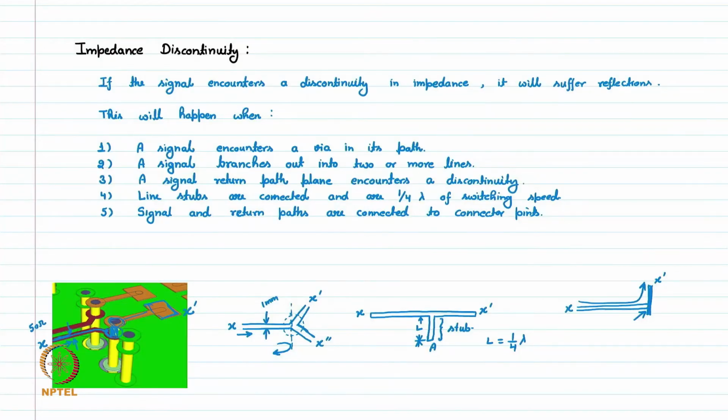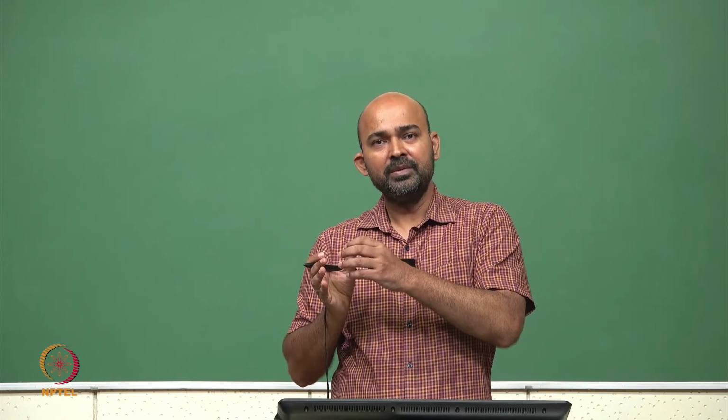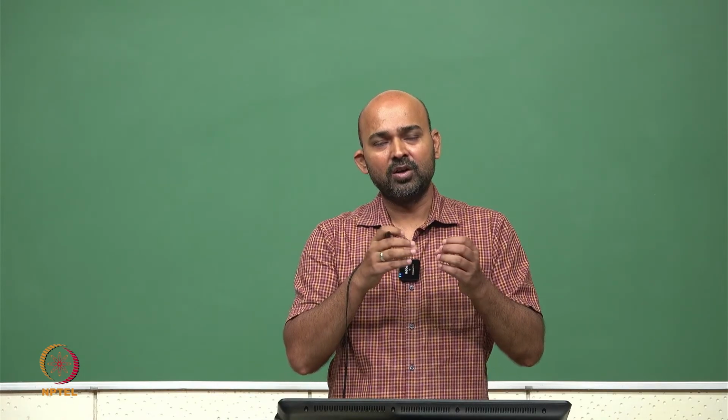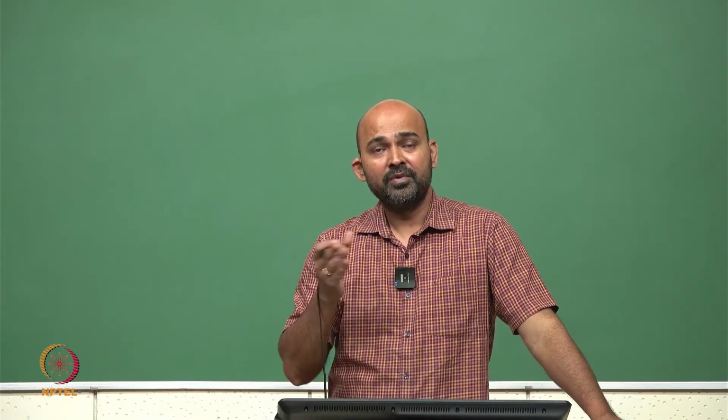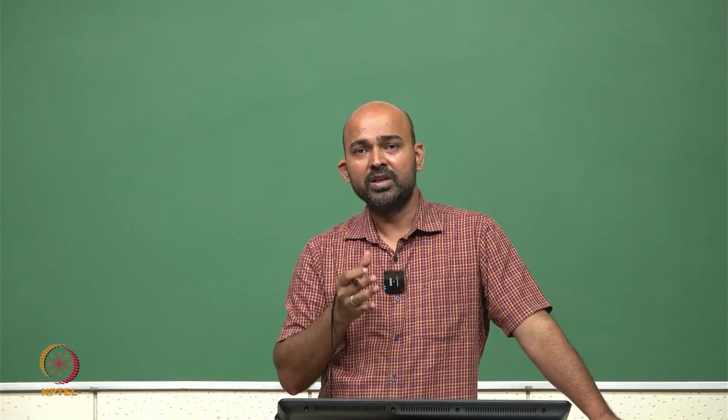So this is called ringing, and sometimes when this reflection is very high, it creates overshoot and undershoot in the waveform. So let's say we are applying a 0 to 5 volt signal, but because of this reflection, the 5 volt can sometimes go to 6 volt, which is the highest voltage in the circuit.